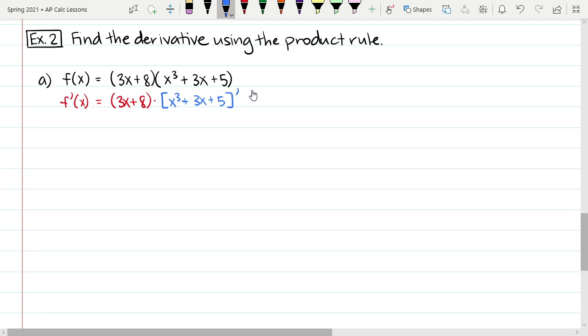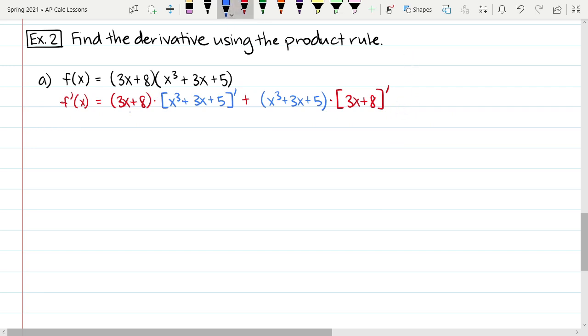I'm just showing the application of the product rule, not evaluating it yet. So it's the first function times the derivative of the second function, plus the second function times the derivative of the first function.